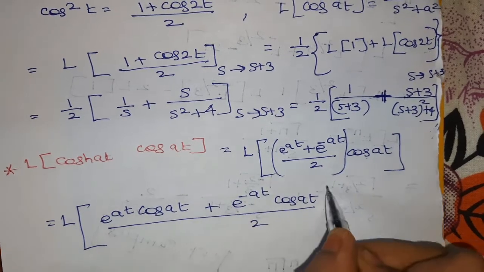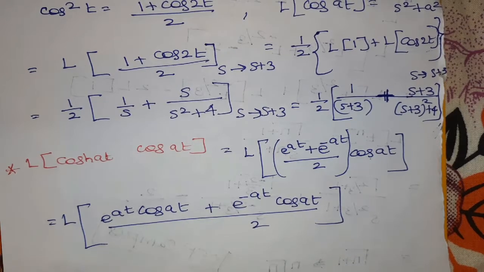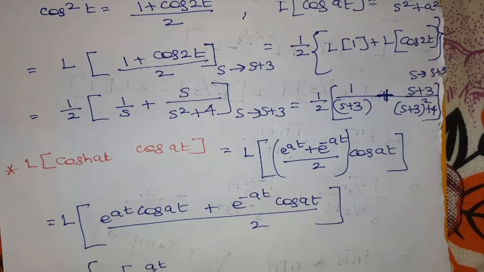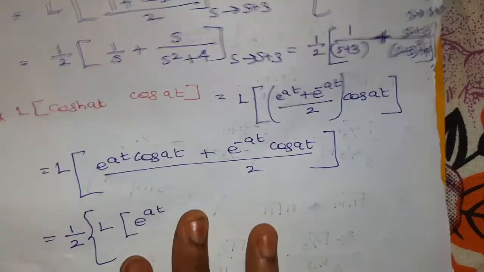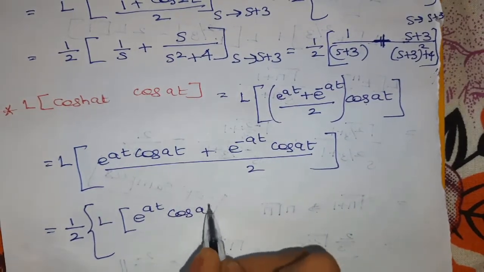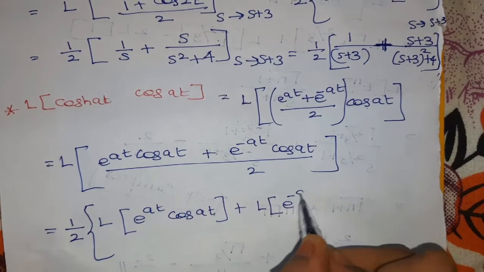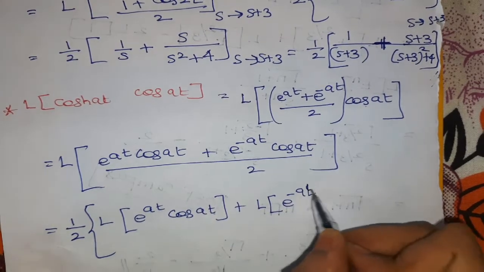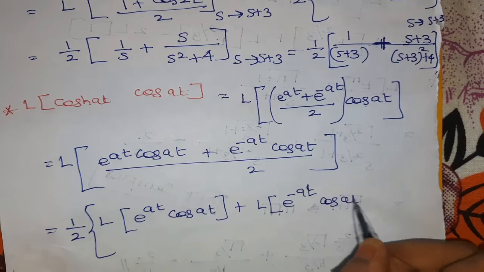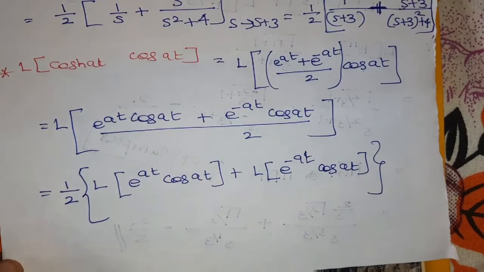Take that constant outside: half Laplace transform of e power at cos at plus Laplace transform of e power minus at cos at. What will we get?